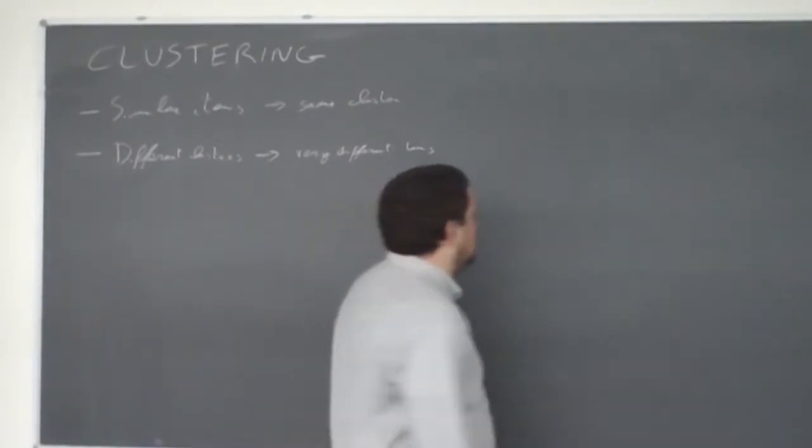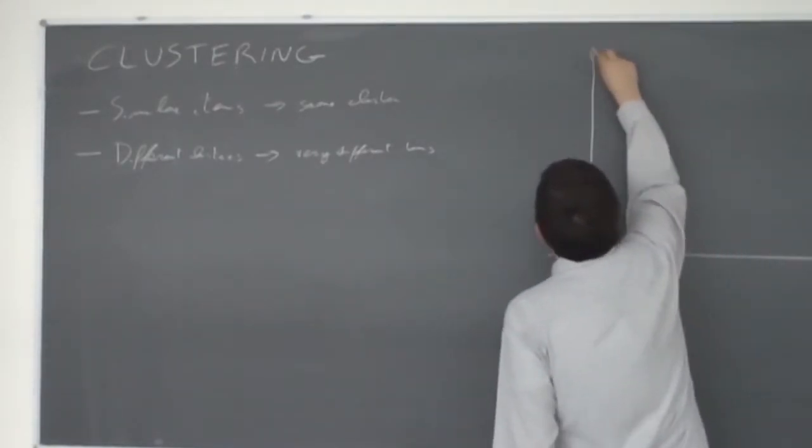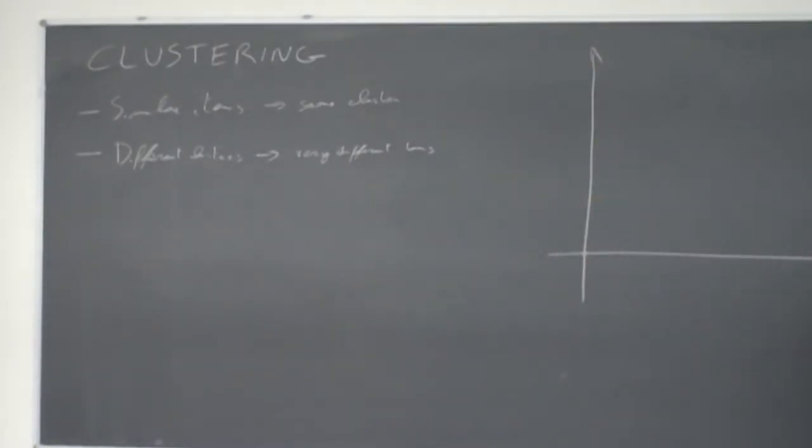But the problem is that similarity, as you know, is a sort of transitive property. Well, not really.